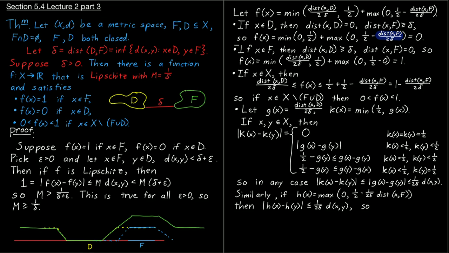So since f of x is k of x plus h of x, we have that f of x minus f of y is less than or equal to 1 over delta distance from x to y. And that shows that our function is Lipschitz with the constant we expected, and that completes the proof.